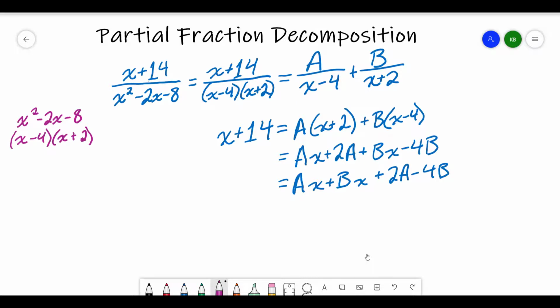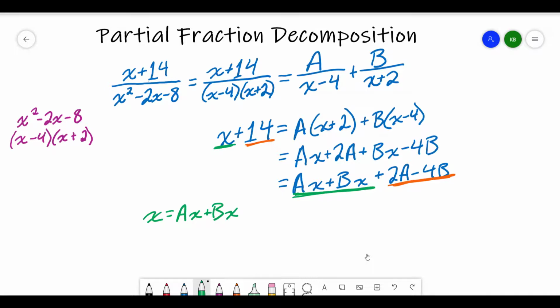And now I can notice that I have an x term on both sides and a constant term on both sides. So in order for this equation to work out, I need my x terms to be equal to each other. So my x terms, I'll have x equals ax plus bx.